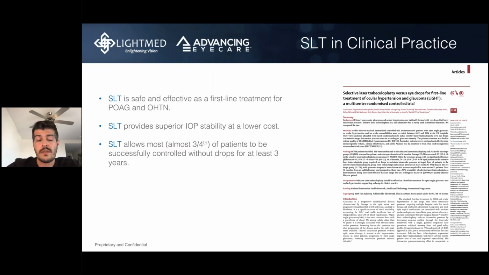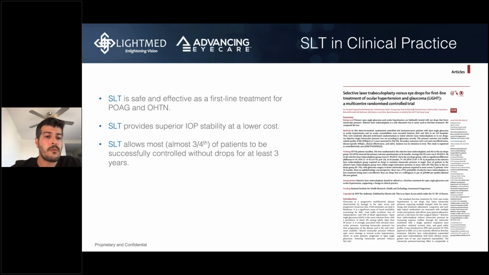Yes, it makes intuitive sense that it's more reliable. And yes, it's going to cost less, and it's more convenient to the doctor and for the patient. But it's the first time that it showed patients in this group did better overall. It was superior to eye drops. And again, this is the only study that has shown it, and it's a landmark study, so that's why we put a lot of weight on it.